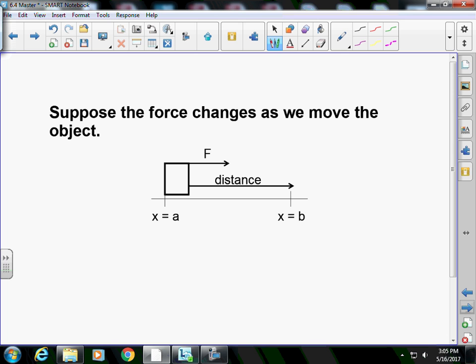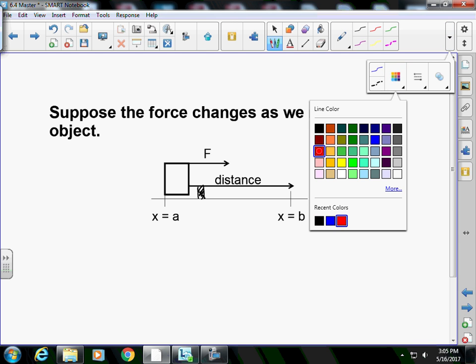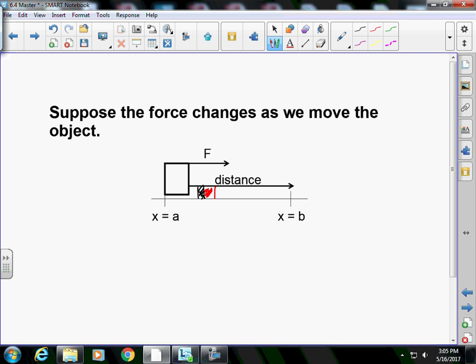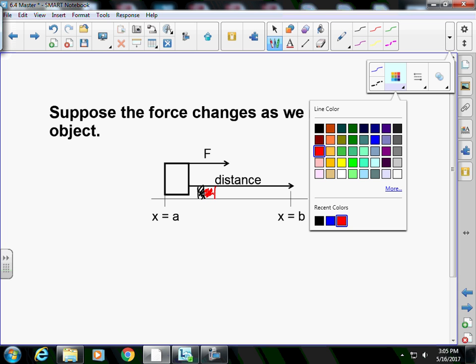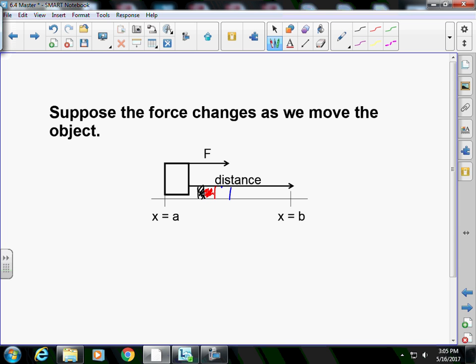So now suppose the force changes as we move along. I have one force from here to here, and it's a different force from that point to this point. And then it's a totally different force again from here to here. The force is changing over and over the distance. This is where calculus comes in.